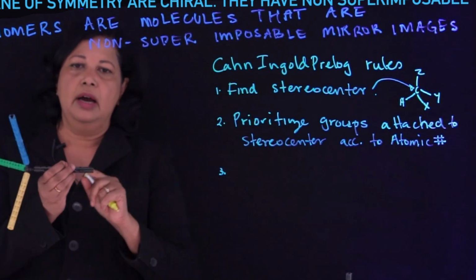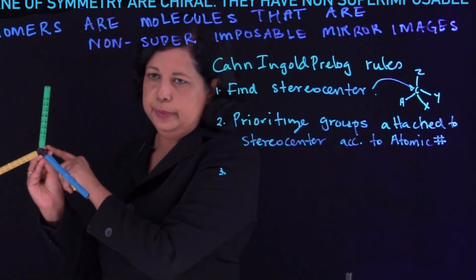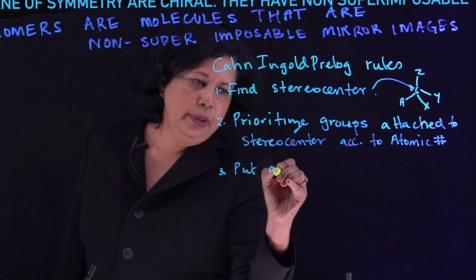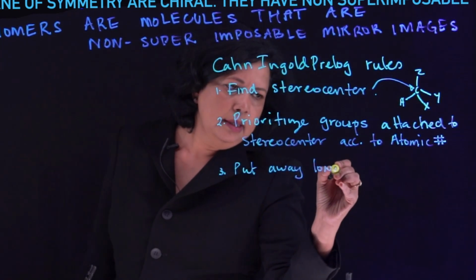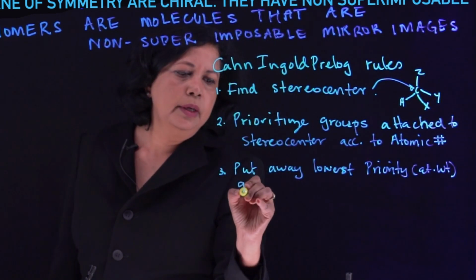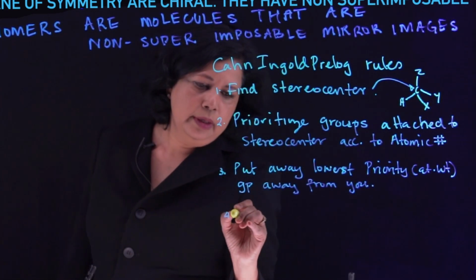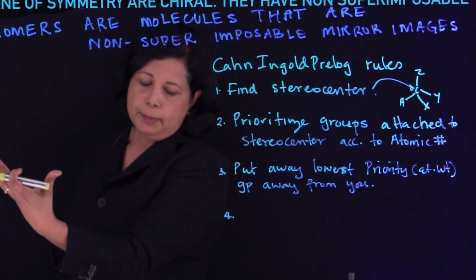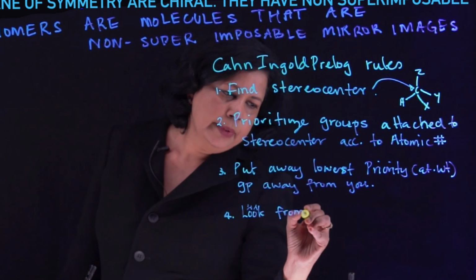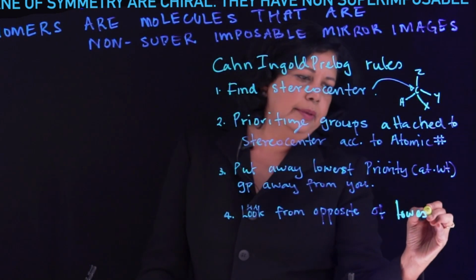Let's say this is a hydrogen and these are halogens. So you will put it away from you. This is important: you put the lowest priority group, in this case by atomic weight, away from you. 4. Then you look at it from the opposite side of that lowest priority group.